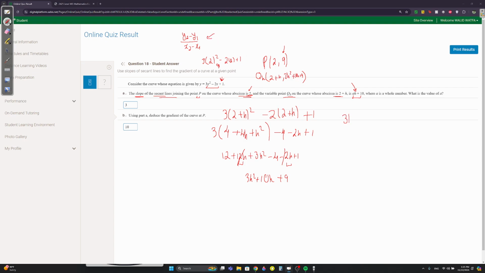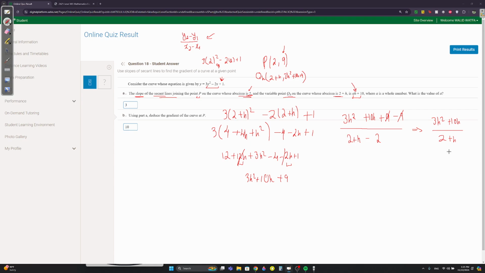Now we can do y2 minus y1 over x2 minus x1. y2 is 3h squared plus 10h plus 9, minus y1, which is 9, over x2, which is 2 plus h, minus x1, which is 2. The 9 minus 9 cancels, giving 3h squared plus 10h over 2 plus h.